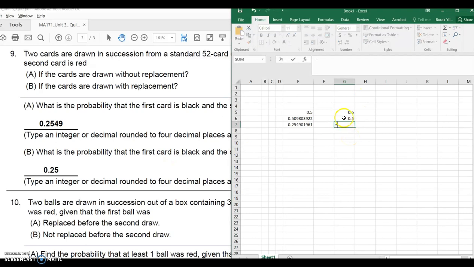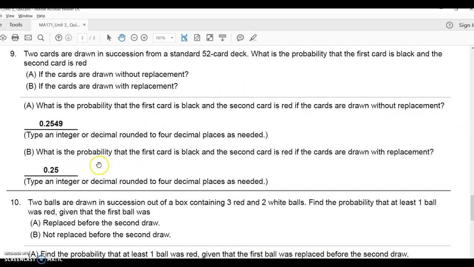So you multiply half times half, it's going to be 0.25.